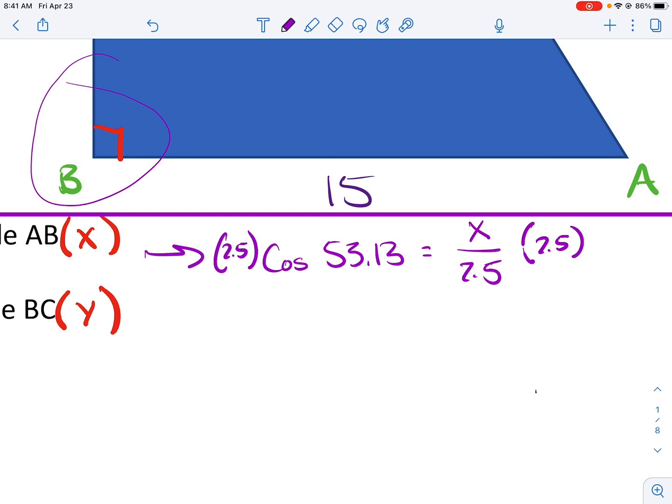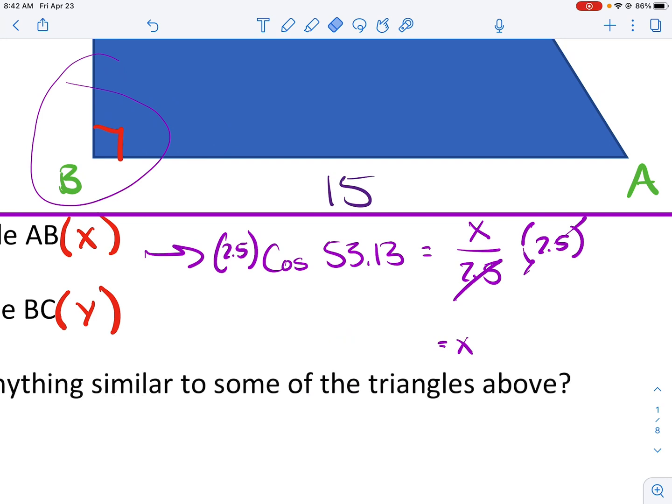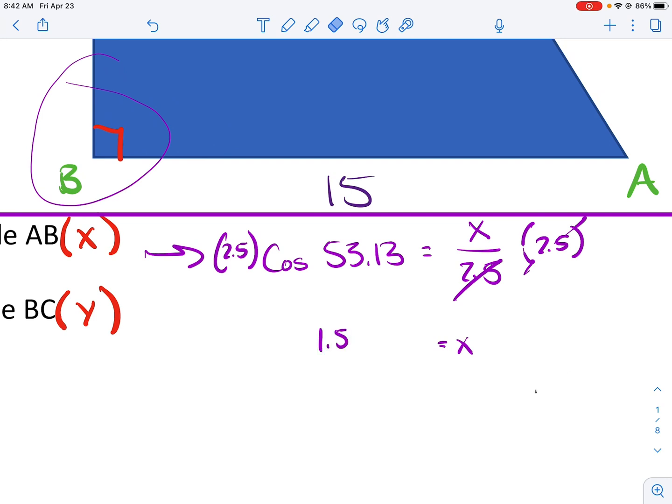By multiplying both sides by 2.5, we're left with x on the right and 2.5 times the cosine of 53.13 on the left, which is equal to 1.500, and we're just going to round it to the nearest tenth spot, so 1.5.